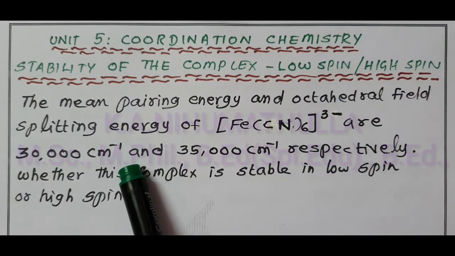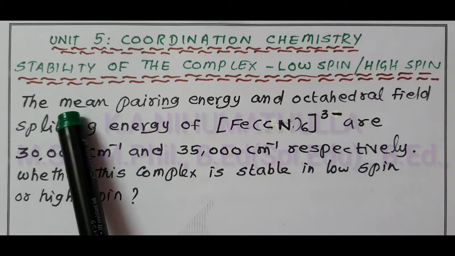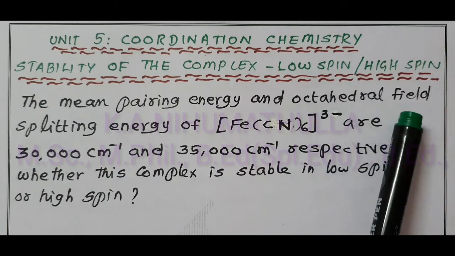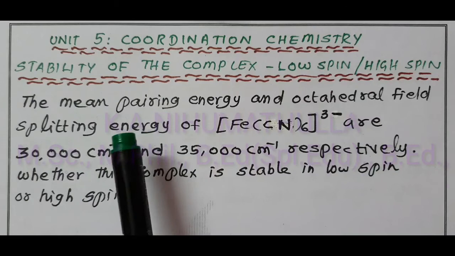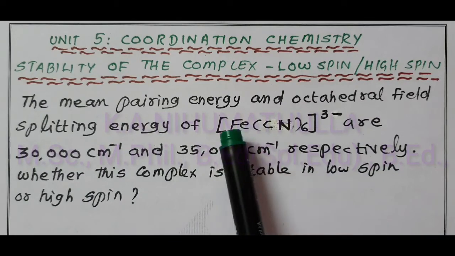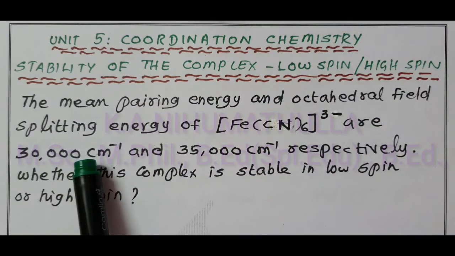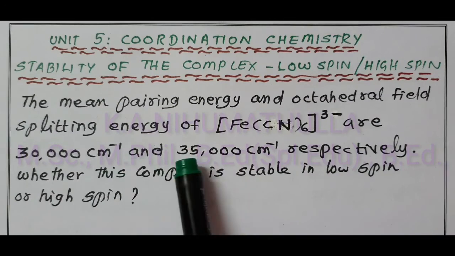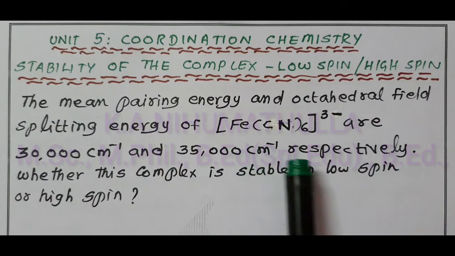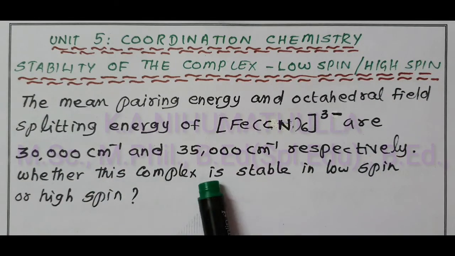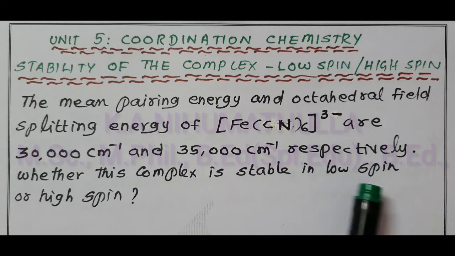The problem given is: the mean pairing energy and octahedral field splitting energy delta O of [Fe(CN)6]3- are 30,000 cm⁻¹ and 35,000 cm⁻¹ respectively. Whether this complex is stable in low spin or high spin, that we are going to discuss in this video.